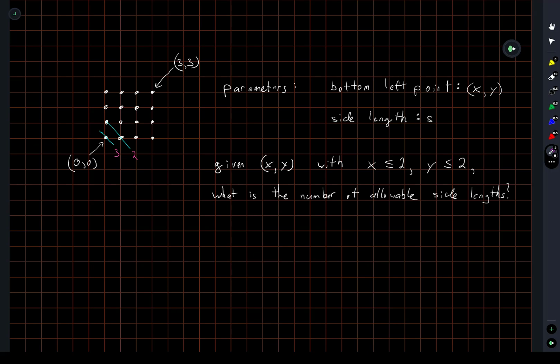Let me write out for each dot the number of side lengths we can choose corresponding to each dot. So we have 3, 2 and 2, 1, 2, 1, 1, 1, and 1.